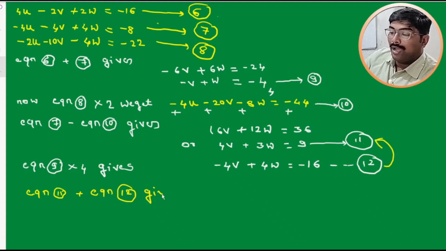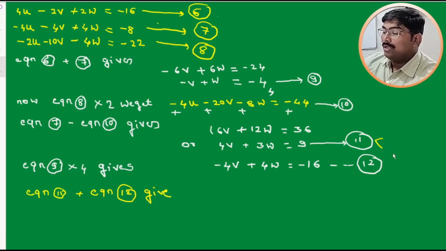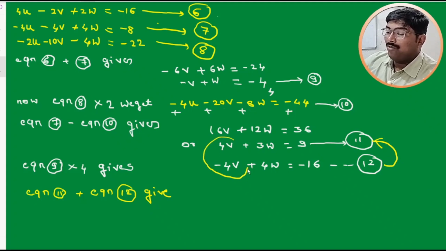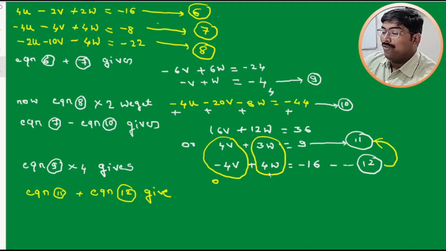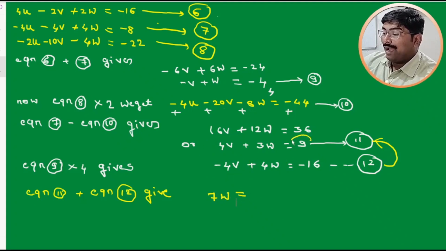Now add these two equations: 4v and minus 4v cancel, so you get 0, and 3w plus 4w gives 7w, equal to 9 minus 16, which is minus 7. That implies w is equal to minus 1.